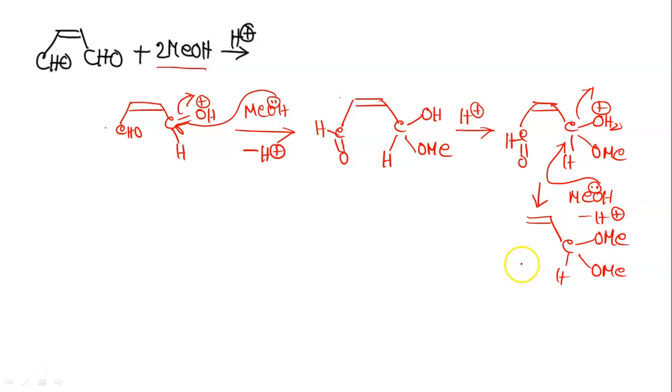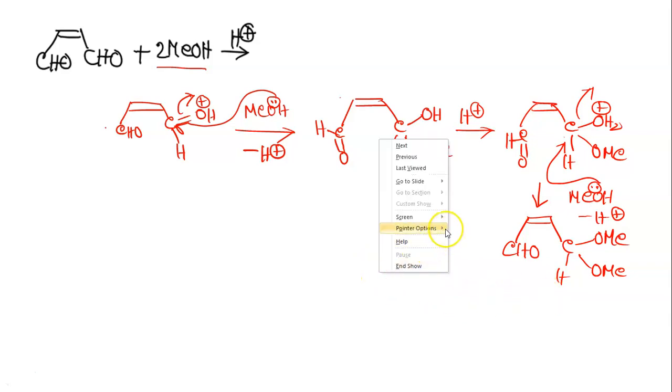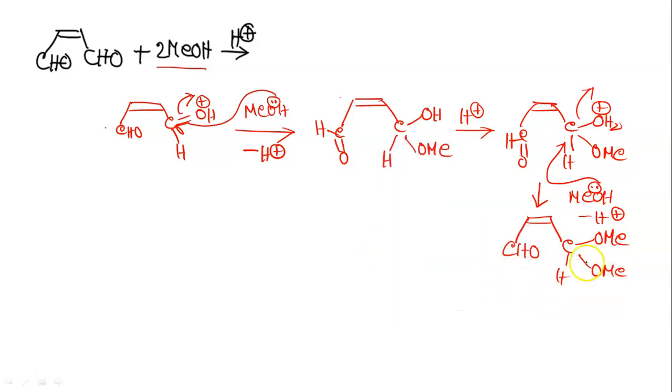If I write all the steps it will take much time. And this CHO is intact. So both the methanol molecules are attached to the right-hand side CHO group and another CHO group is left, but actually this is not the correct product. This is not the correct product, we will not get it.